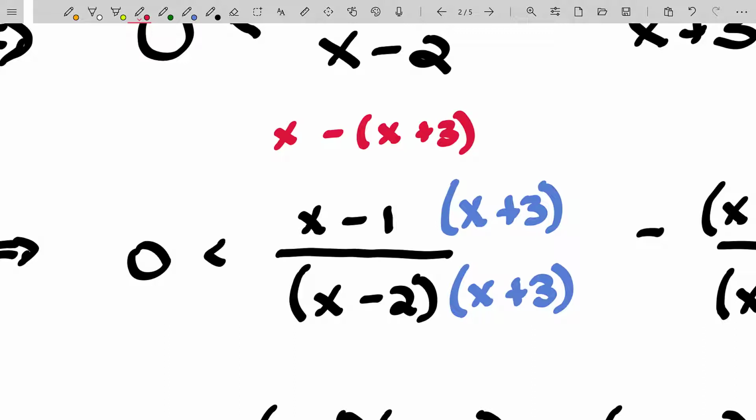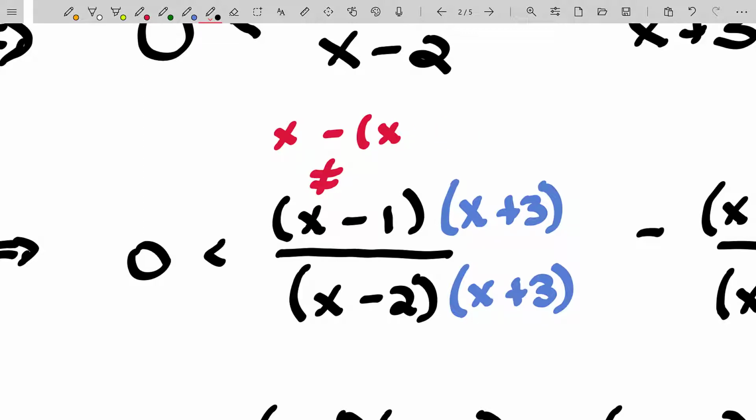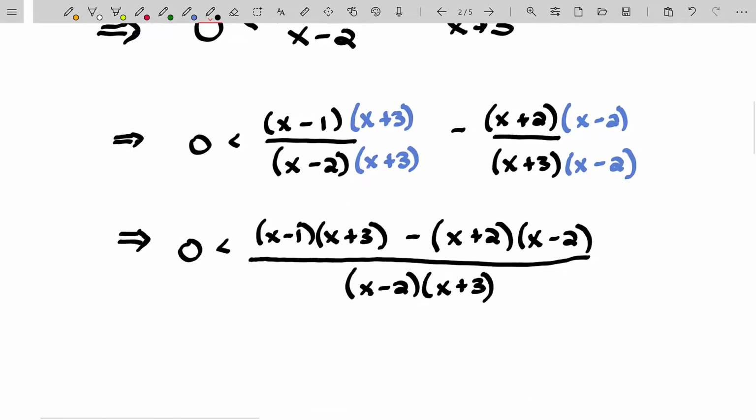And that is not the same as this statement right here. This statement means you're going to distribute through, and this is the proper statement. So just to let you know, you have to use parentheses liberally. I should not have to tell you why. It is true that you do have to use that because you're multiplying that entire numerator by x plus 3, not just the -1. So make sure you use parentheses.